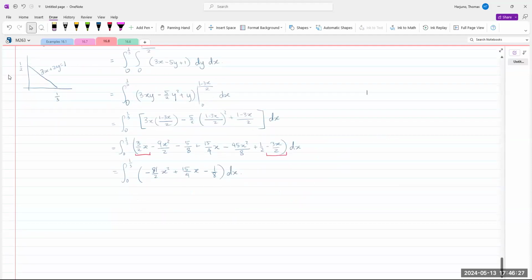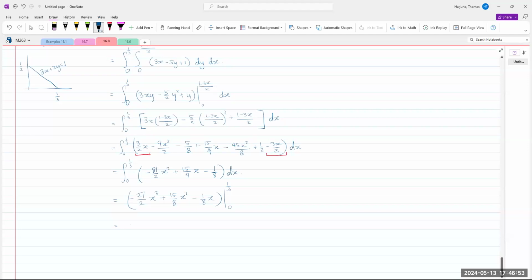And then from there we integrate. Negative 81 divided by 3 gives 27 over 2 x cubed divided by 2, plus 15 over 8 x squared, minus 1/8 x, from 0 to 1/3.